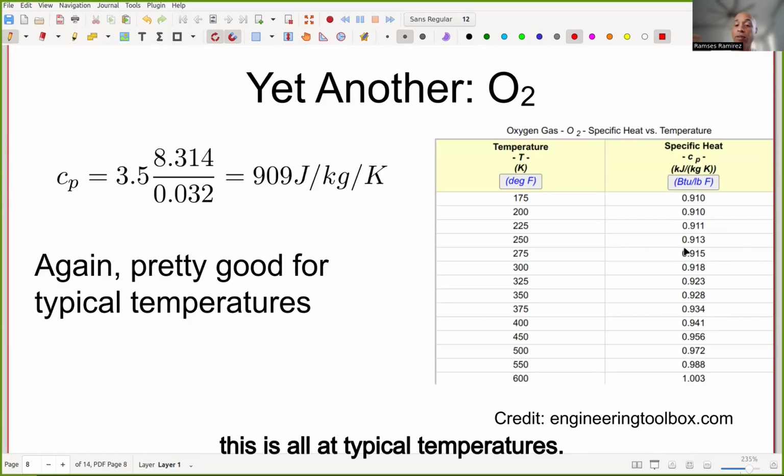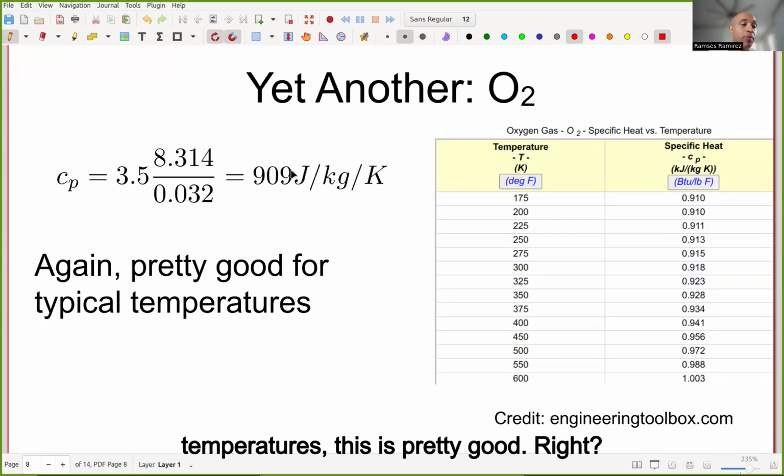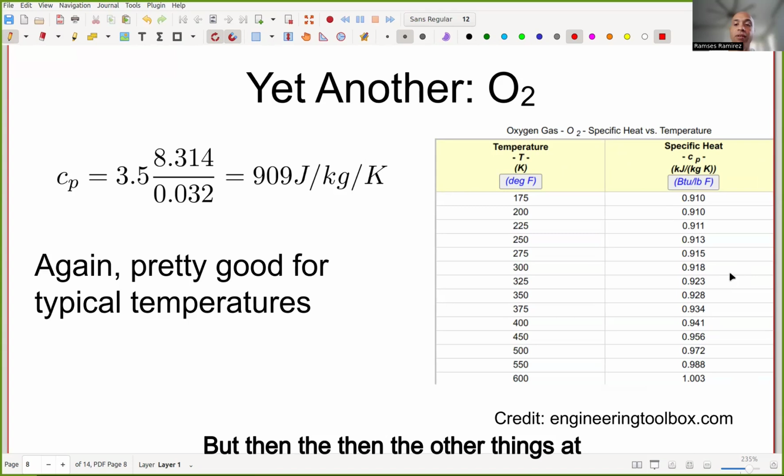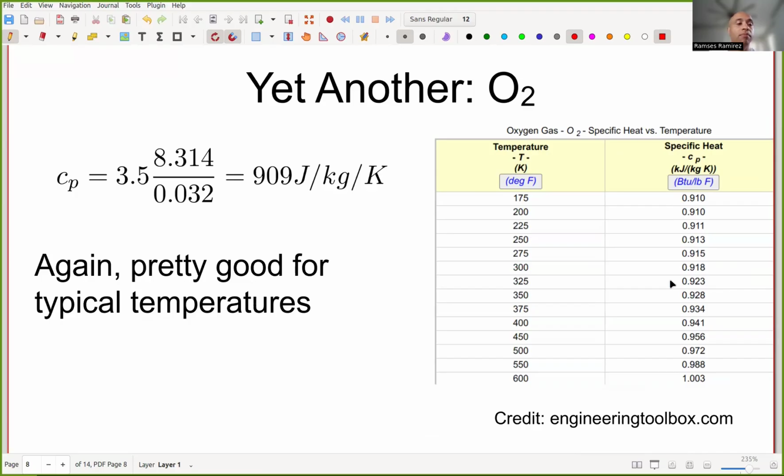Again, this is all at typical temperatures. There's greater error, as you can see here, when you go to 600K. There's a pretty good amount of error, 9%, so 10% error as you get to very high temperatures. But for typical temperatures, this is pretty good. At high temperatures, as I had mentioned, other modes become important.